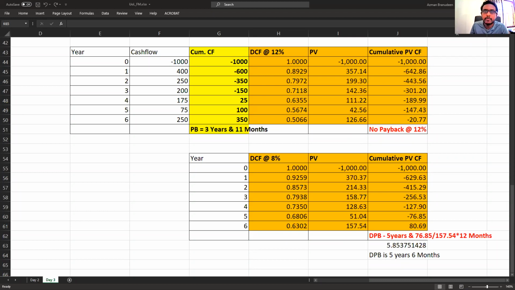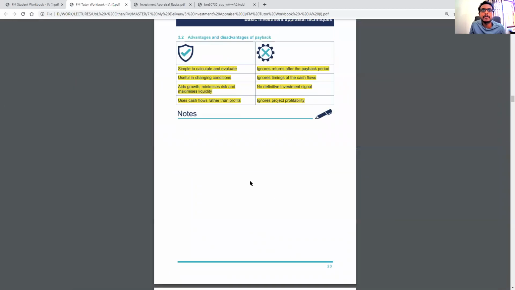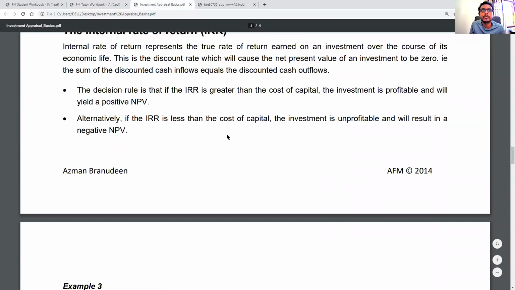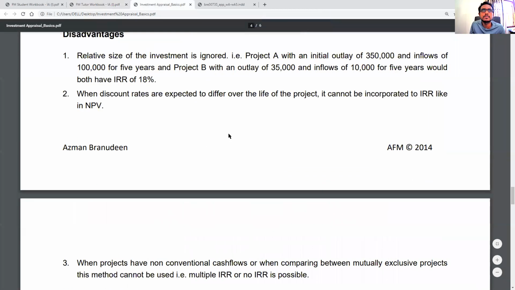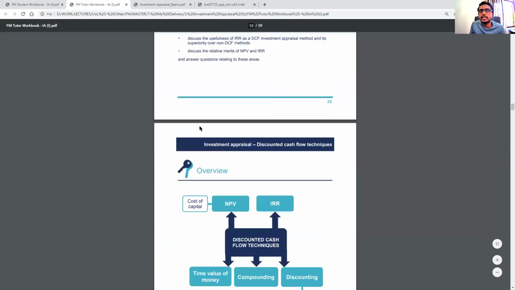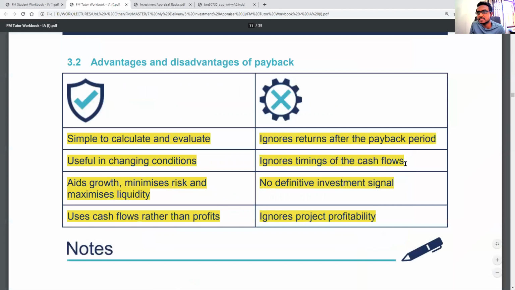Yeah, all good. Okay, right. So you have your answer for discounted payback. Okay. So the only difference in payback and discounted payback is in discounted payback, this disadvantage is now addressed, and therefore in DPB, time value of money is considered.